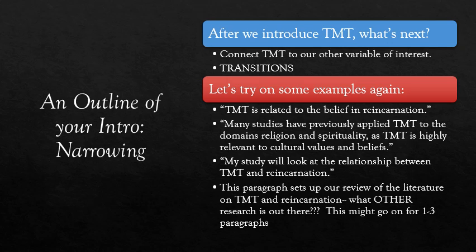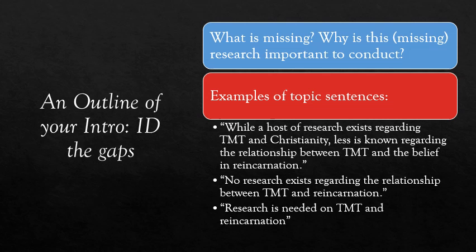So with this strong topic sentence, we can then begin to review the literature on TMT and religion and spirituality. In other words, you're making a case for why your research question is important before even stating the research question. In order to actually relate everything to your variables of interest, that's when you're going to be conducting your literature review.